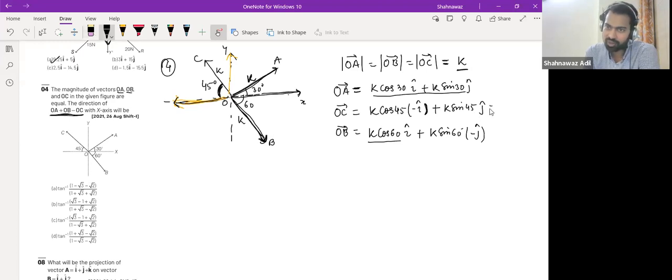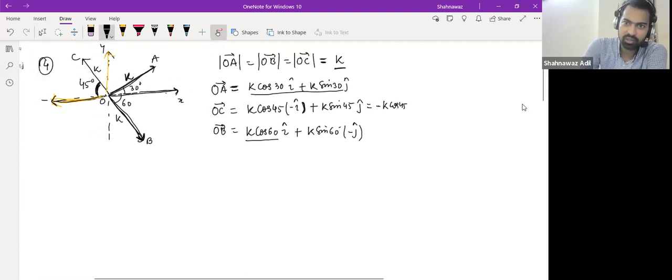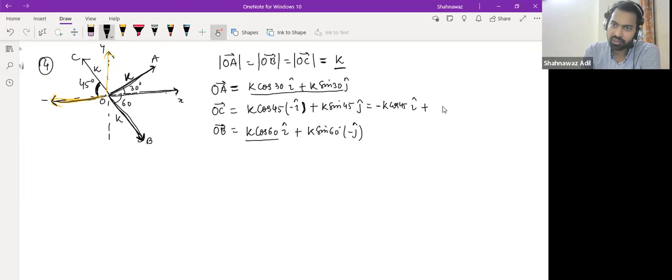So OC is minus K cos 45 I plus K sin 45 J. And OB is K cos 60 I minus K sin 60 J.